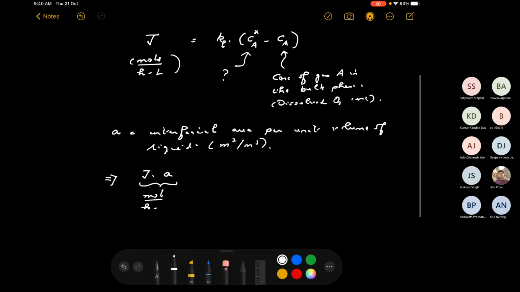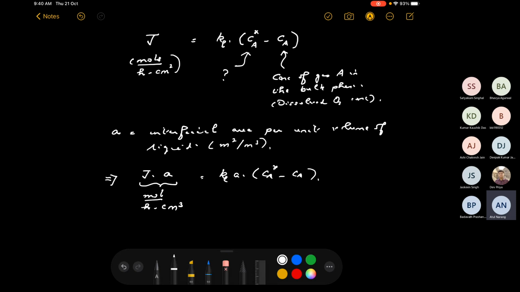So this becomes, sorry, my mistake. This should be per centimeter square, and then J times A becomes per centimeter cube, which is equal to KLA times Ca star minus Ca.